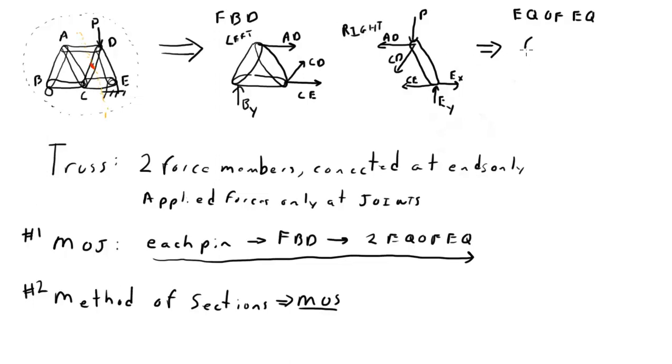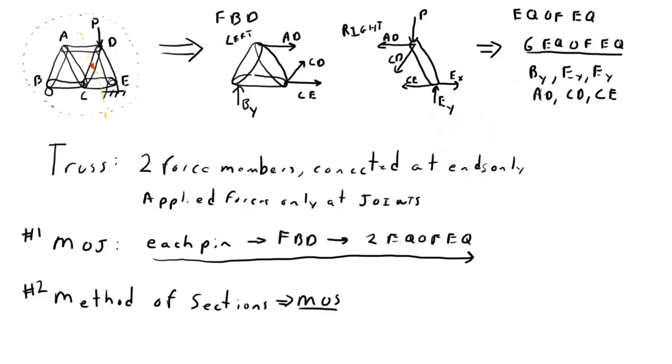And so altogether I'm going to have 6 equations of equilibrium. If I count unknowns, I have BY, EX, and EY, and I have AD, CD, and CE. So once I've written these 6 equations of equilibrium, here are the unknowns that are contained.